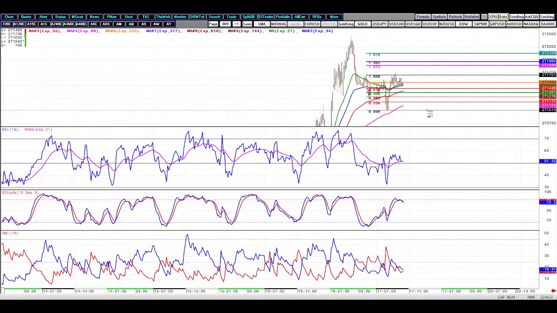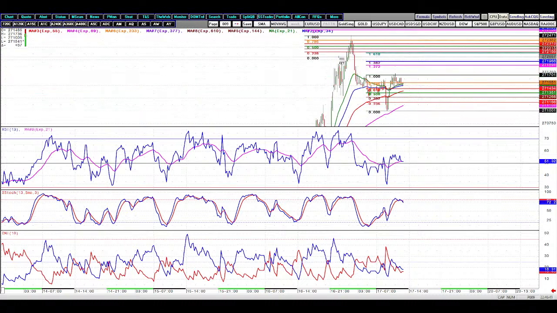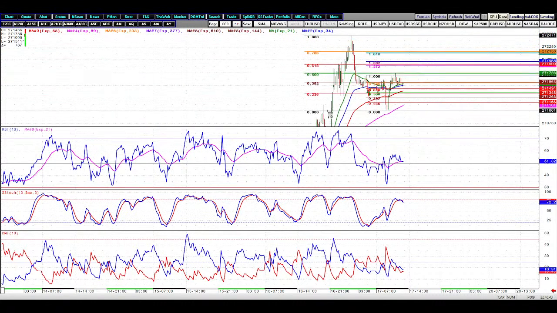But for confirmation we should not be seeing the price going above 2721. Okay, 2721 is a major level. So if it doesn't go beyond that level, the price definitely can come down.